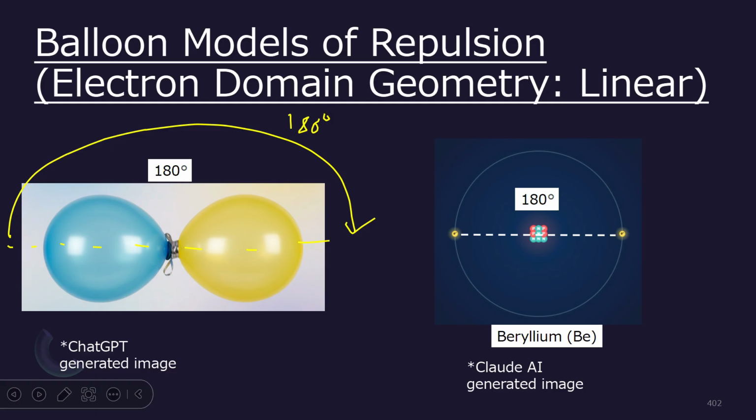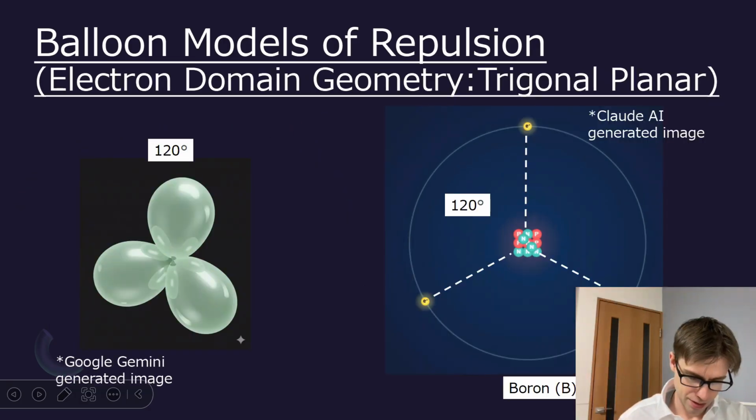So simple, pretty simple geometry. What else? What happens if we have three domains then? Imagine tying three balloons together at their knots. They're going to try to separate from each other as much as possible and not overlap because those gases are pushing on the balloon skins, right? So we get this kind of triangle shape.